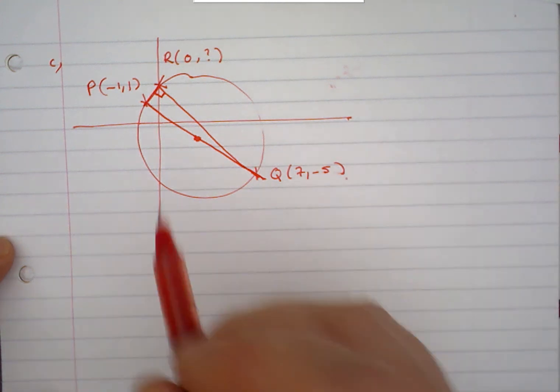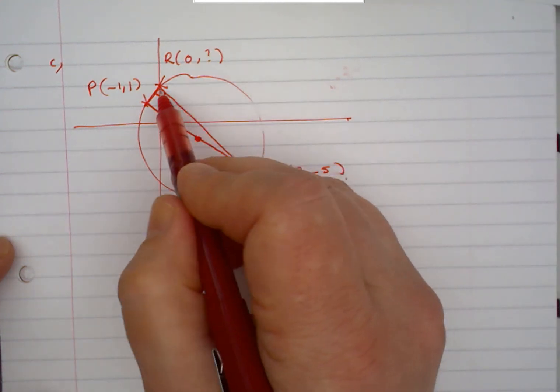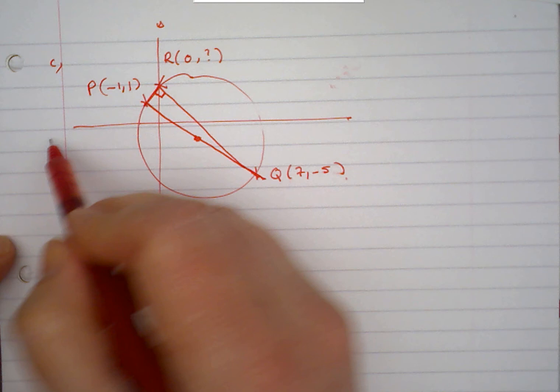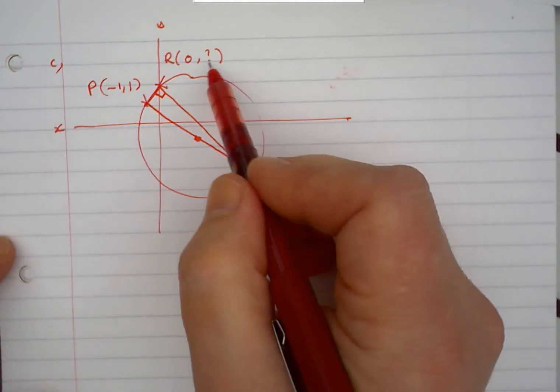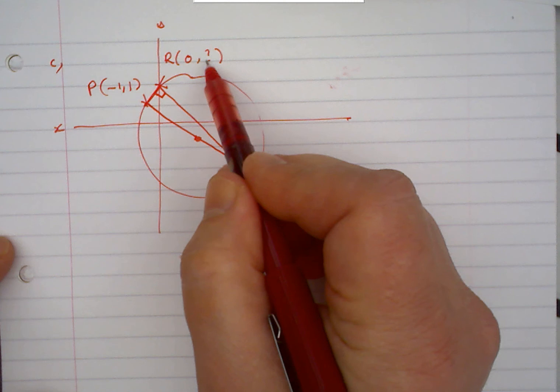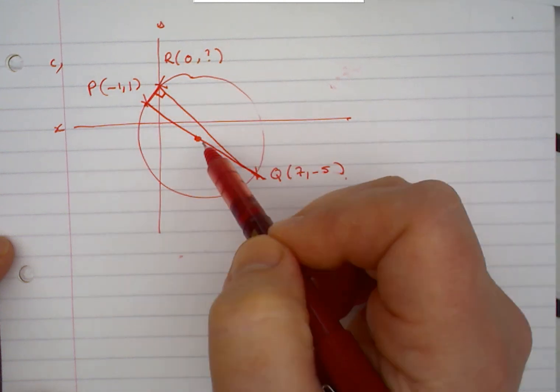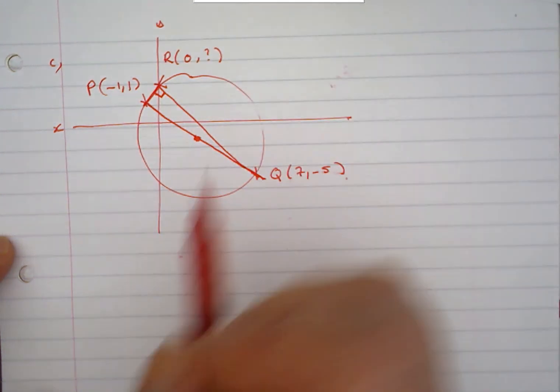So what I've done is, we know that R, because R is on the y-axis, has an x coordinate that must be 0, because you're not to the right or to the left. So the only unknown thing here is this question mark for what the y coordinate is. I'm just going to call it y.